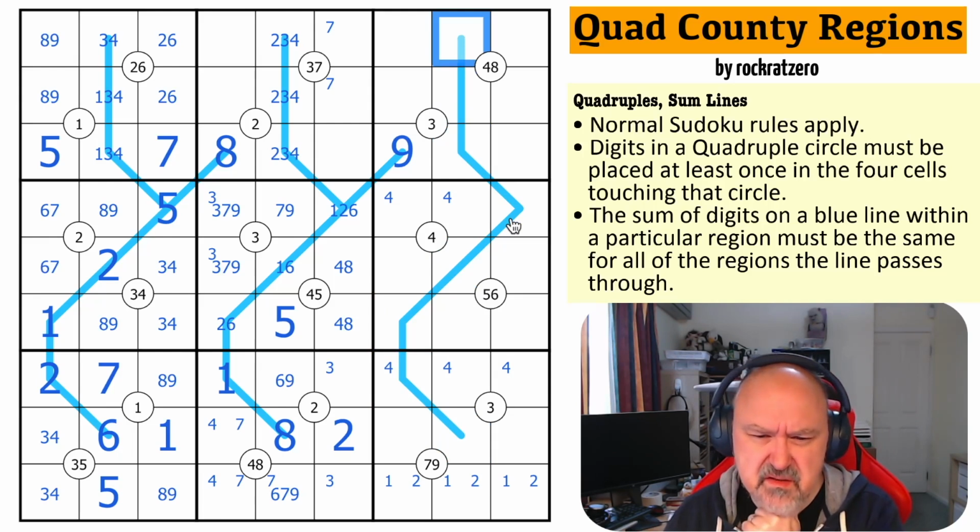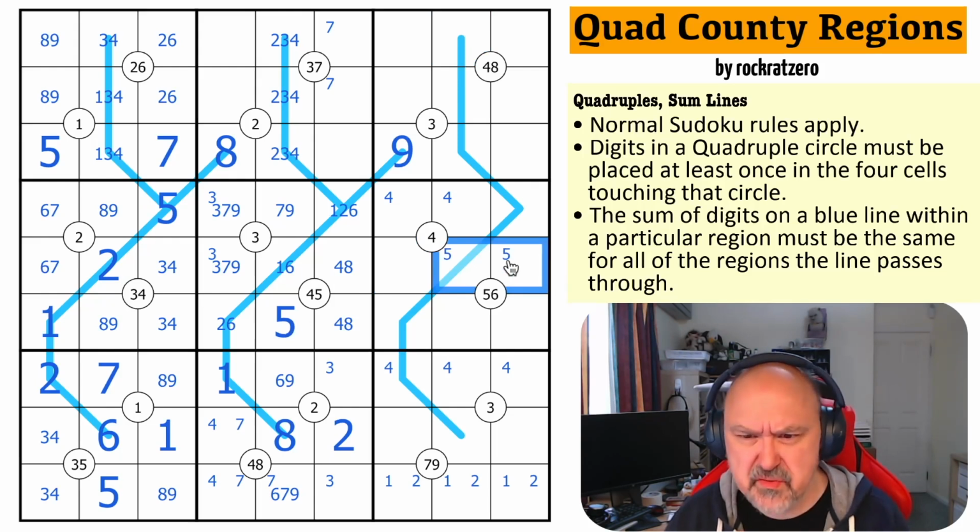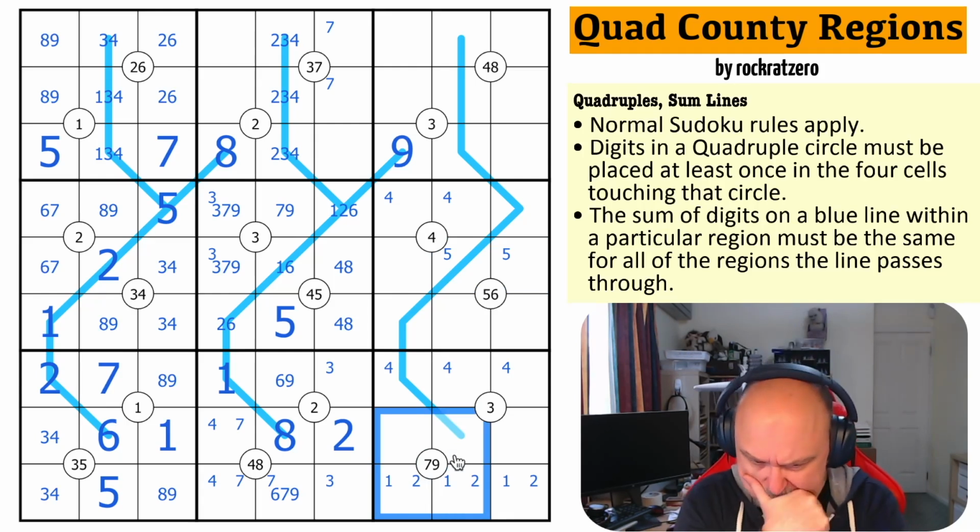That feels not correct. 1, 2, 3, 4, 5 is now in one of those two. 6, 7, 8, 9. 5 was the only thing restricted. One of 1 and 2 has to go down here, but 7 and 9 are not restricted at all that I can see.